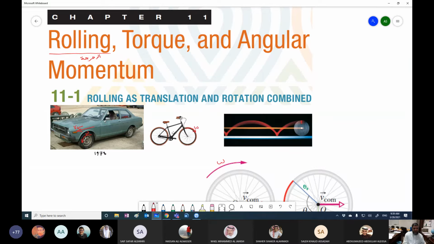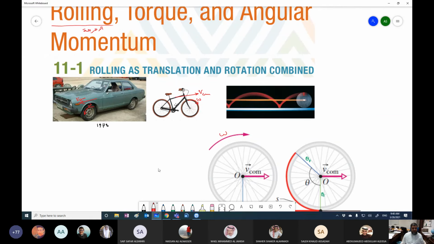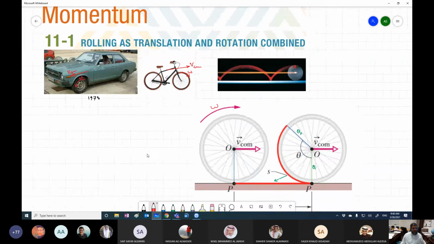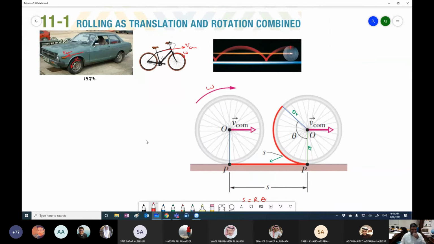This is omega, and the body of the bicycle will move with velocity. We call it the velocity of the center of mass. Is moving forward. So this is the combination we have. طيب, we want now to analyze this motion وهنلاقي فيه حاجات حلوة هتظهر معنا في الanalysis.